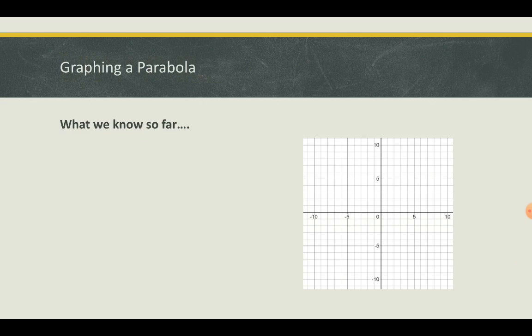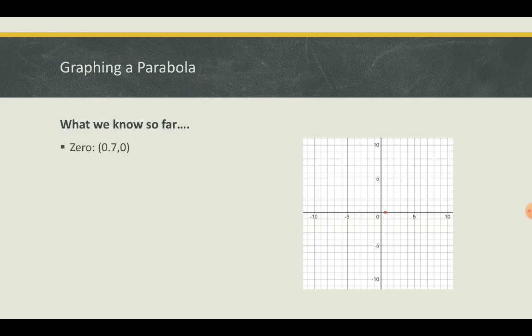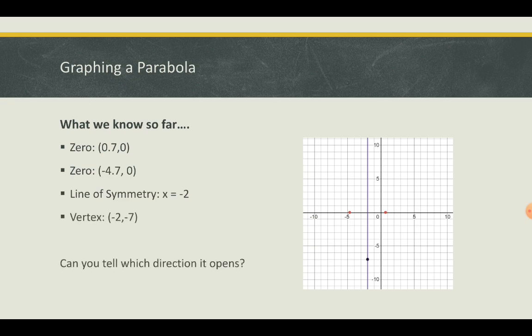Okay, so this is what we know so far. One of our zeros is 0.7, 0, like we calculated. Our next zero is -4.7, comma 0. Our line of symmetry is x equals -2. And our vertex is going to be -2, -7.